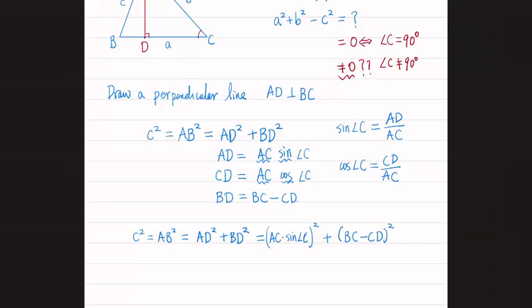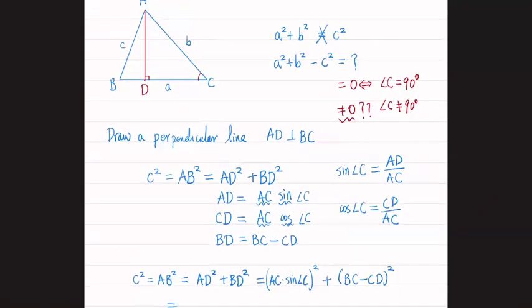I used the formulas just derived for AD and BD. Let's see, in this triangle AC is the edge b.